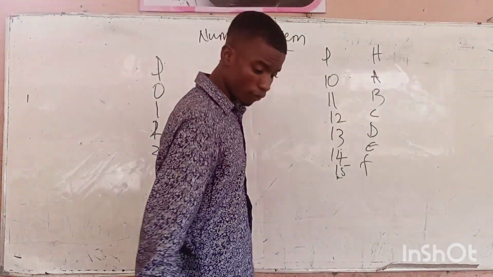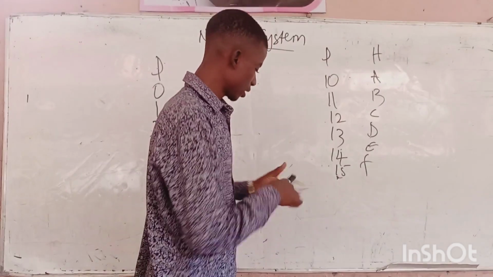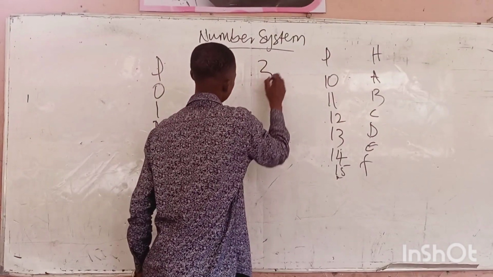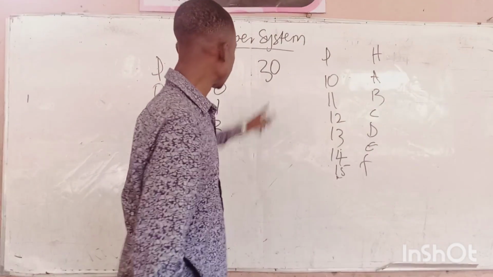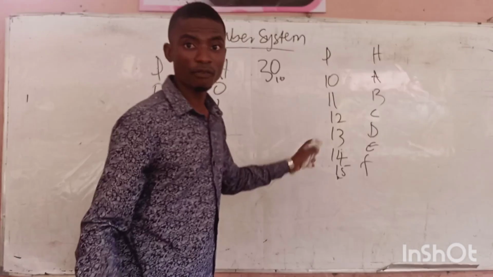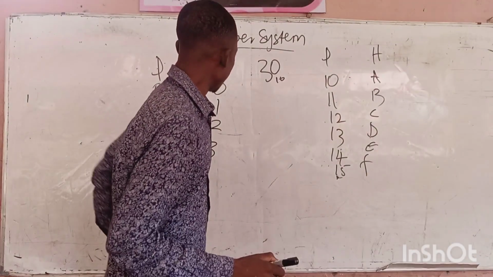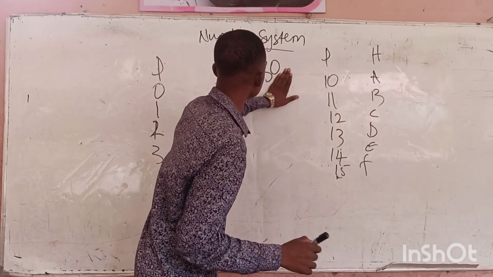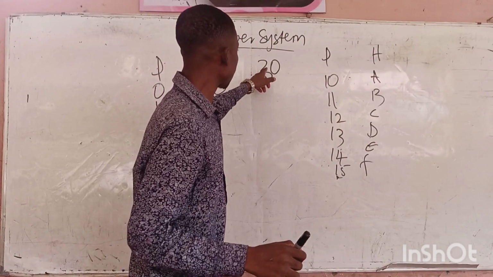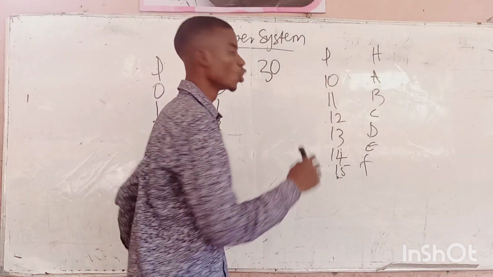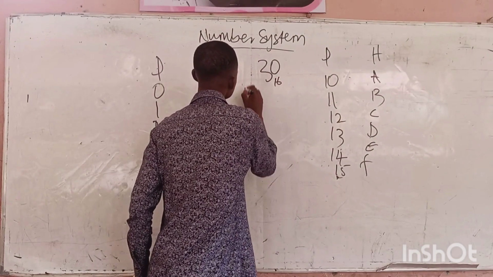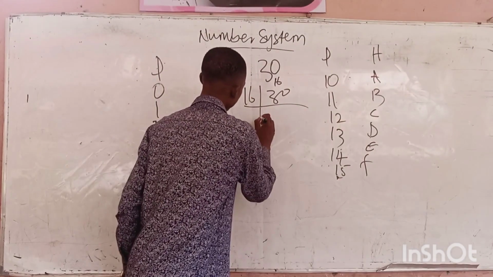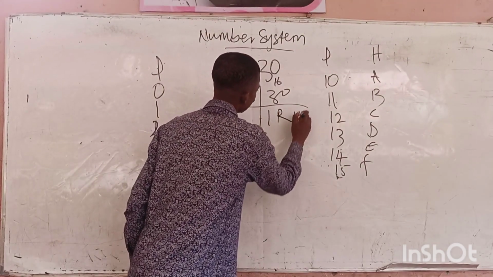So now if you are converting from decimal to hexadecimal, assuming you have 30, to convert it to hexadecimal you first divide by 16. 30 divided by 16 gives you 1, remainder 14.